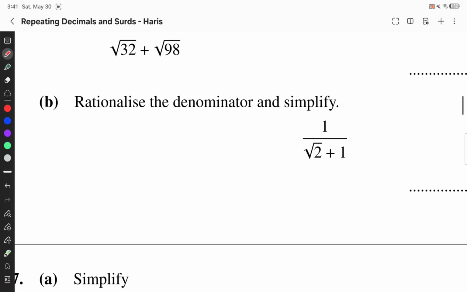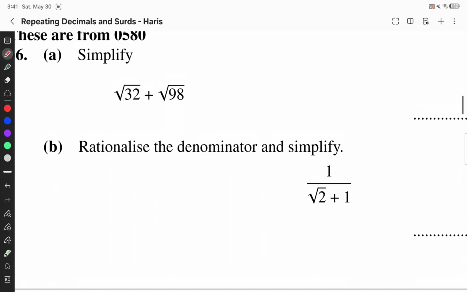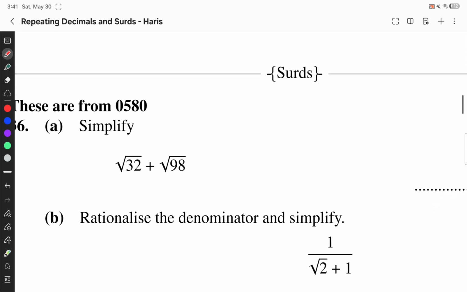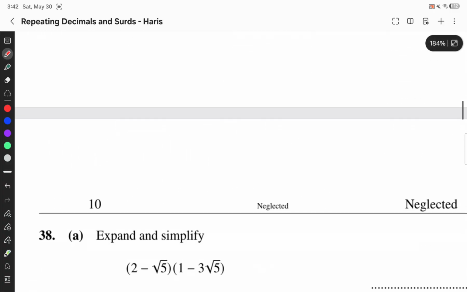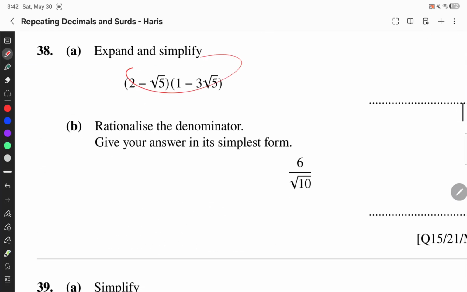Now how do we work with these surds? We treat them like a variable. For example, this: we do not simplify this, we just keep it as root 2 plus 1, and keep it like this throughout.